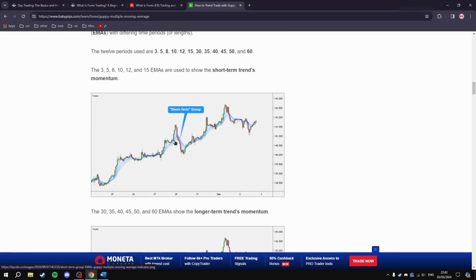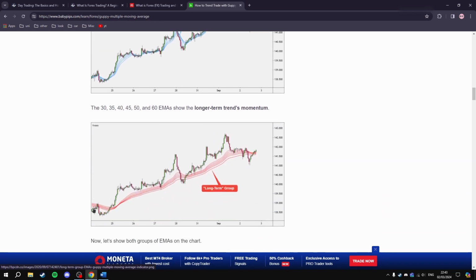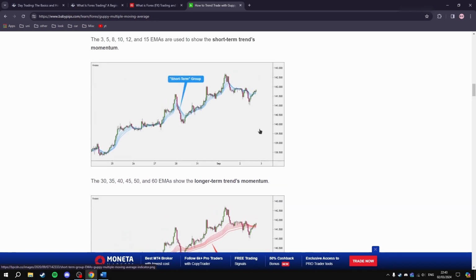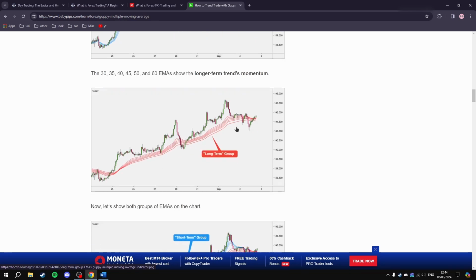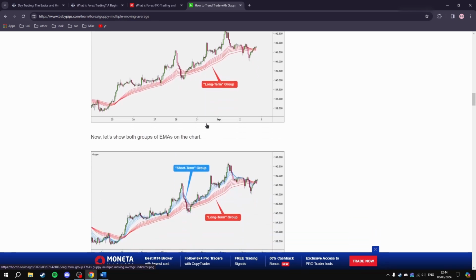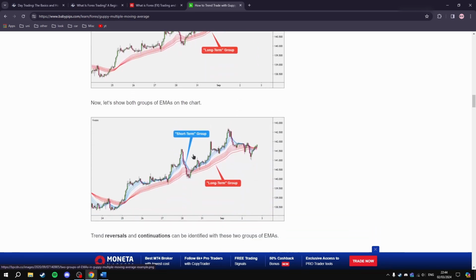So short terms here, you can see long terms, that one there. Now let's show both groups of exponential moving averages on the chart. Yep.